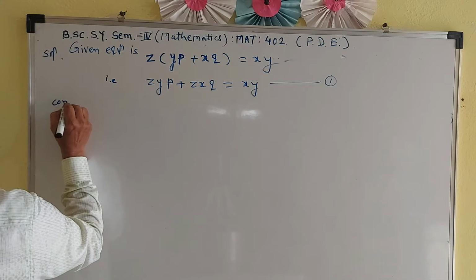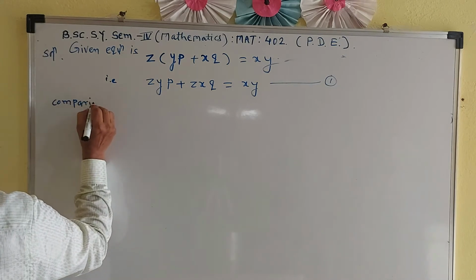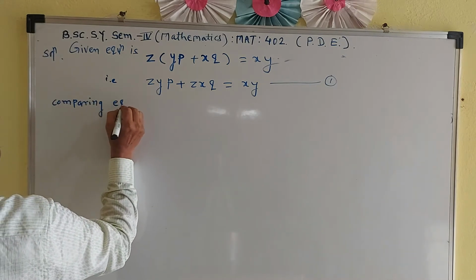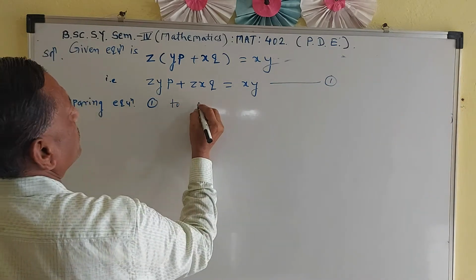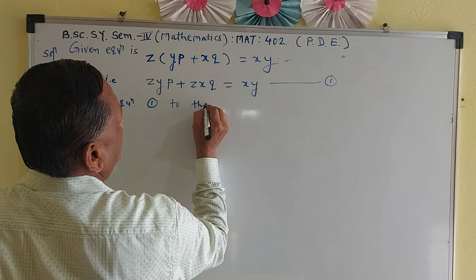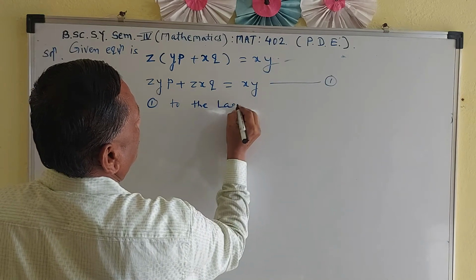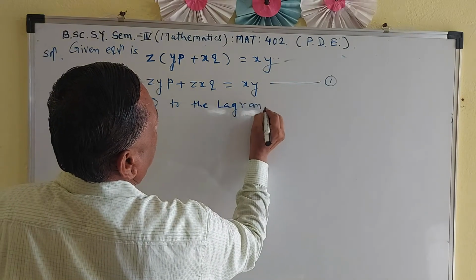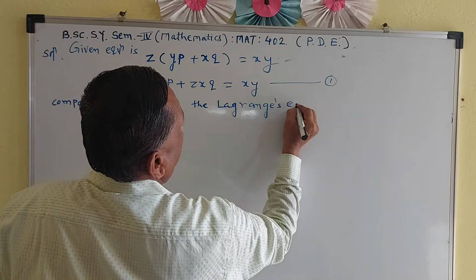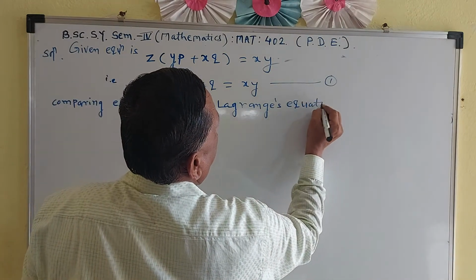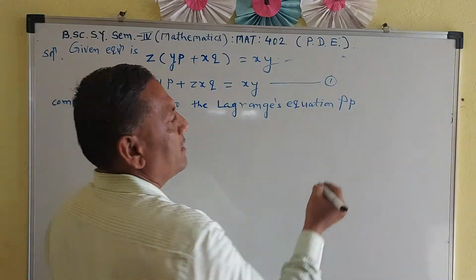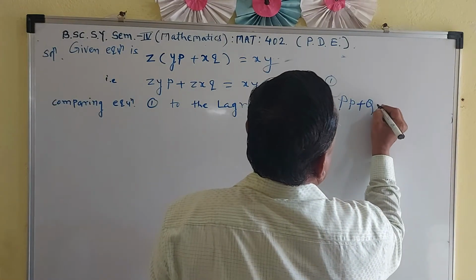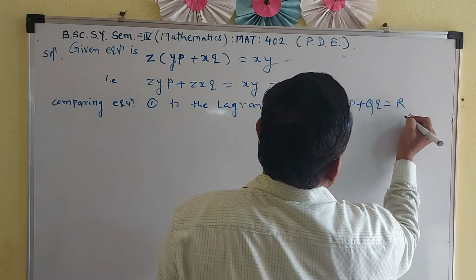Comparing equation 1 to the Lagrange's equation, so Lagrange's equation is capital P into small p plus capital Q into small q is equal to R.